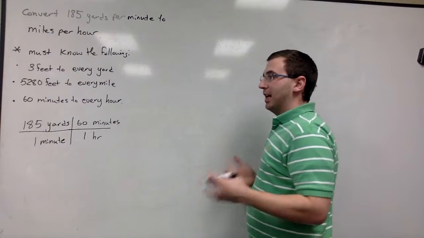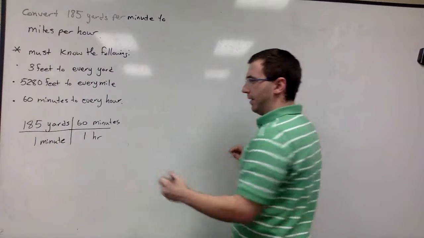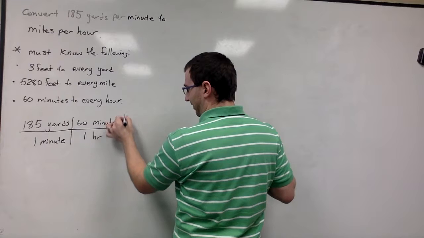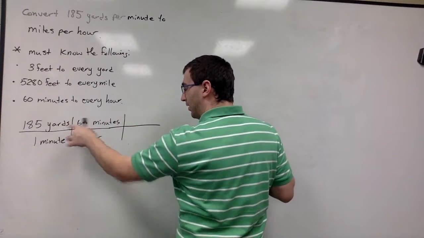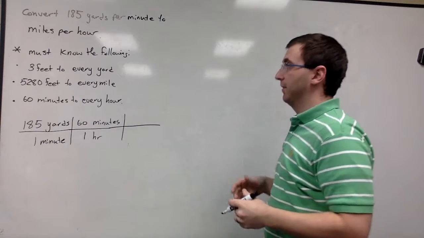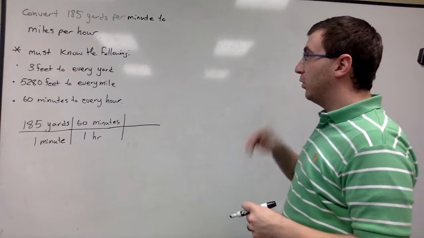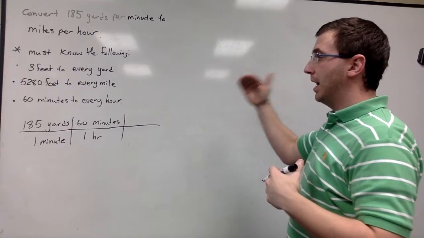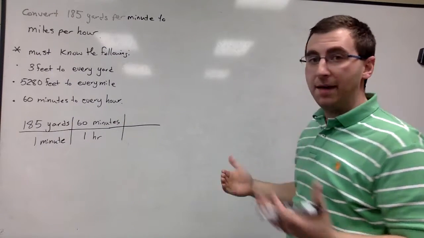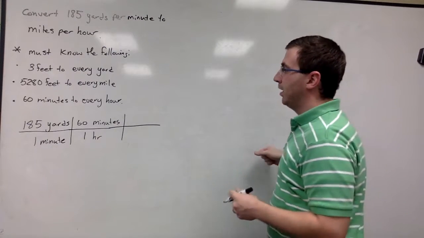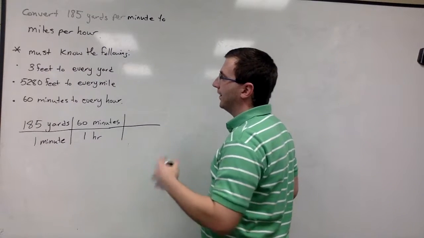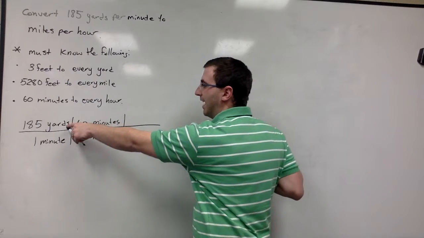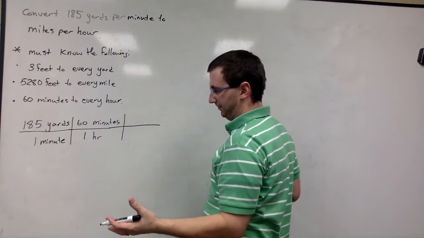Now, we got to take care of the yard. So we got the easy part down, but now we got to take care of the length, the units, the yards in particular. So we know that we have to have miles on top, and then we have the hours on the bottom. Now, the miles has to be on top, meaning that we have to cancel out the yards somehow.